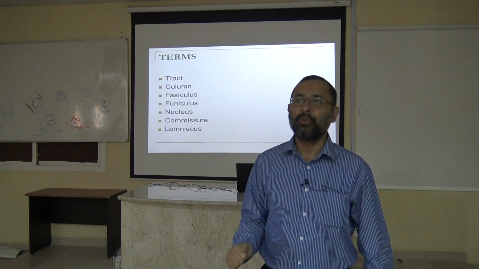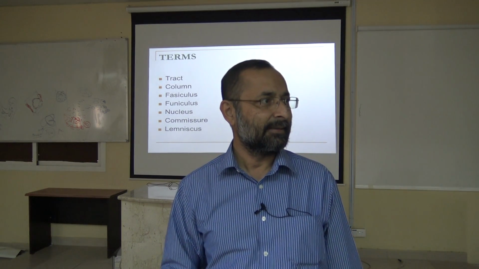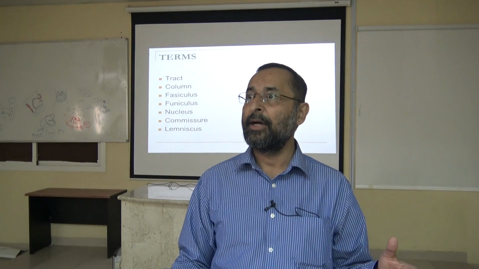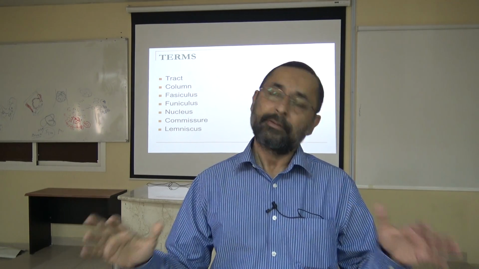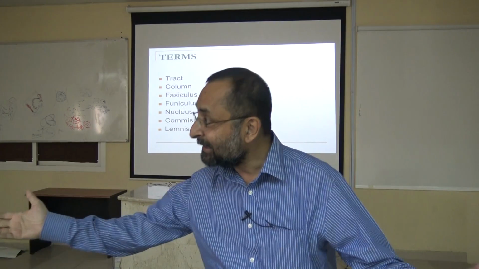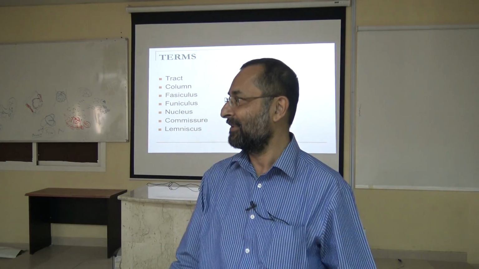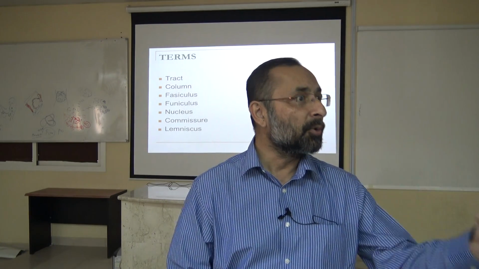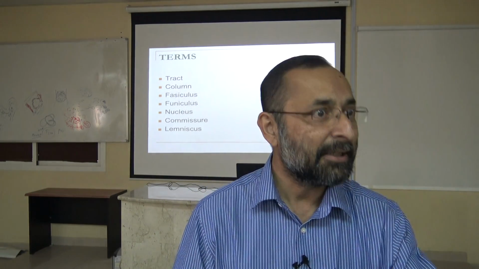You know this. Nucleus. When we talk of nucleus, what area of the spinal cord or the brain comes to mind? Generally, yes, you want to say gray matter. When I say column, white matter. When I say nucleus, gray matter.